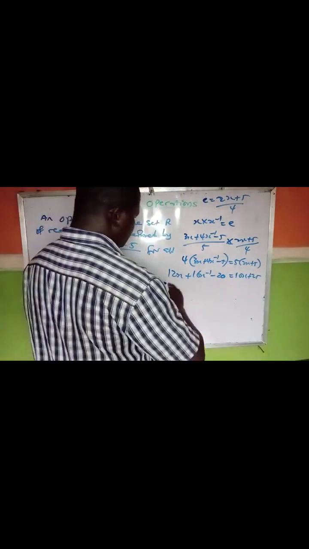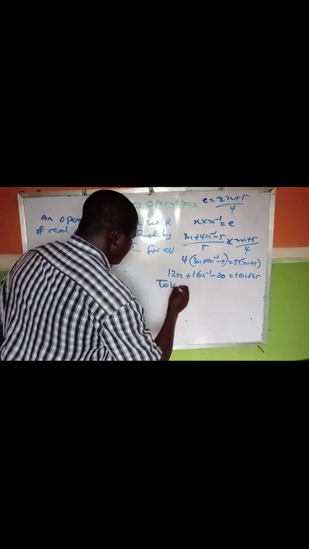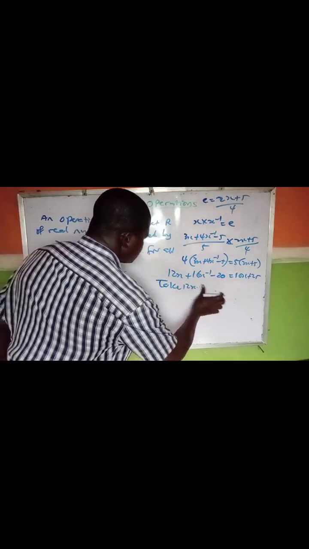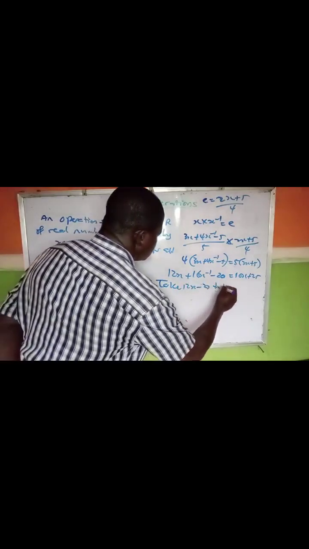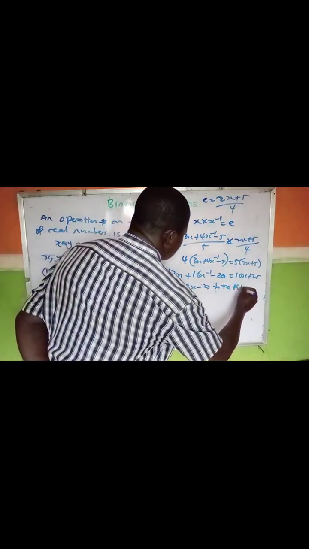So you are going to take this to this side. Say take 12x and minus 20 to the right hand side. You take this one to the other side.